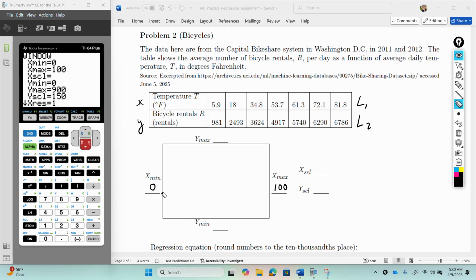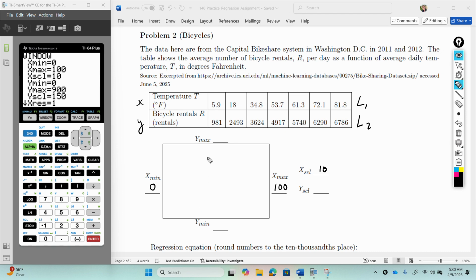I could make a grid mark for every 10 units. That would give me 10 grid marks here. That might be okay. So I'm going to put a 10 in there. Okay, so I'm going to try that. I might change it. So that's a 10.